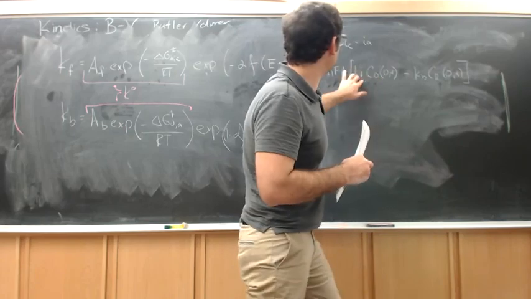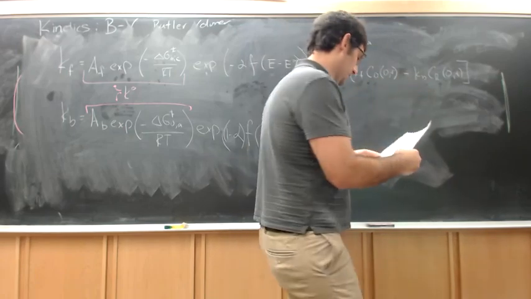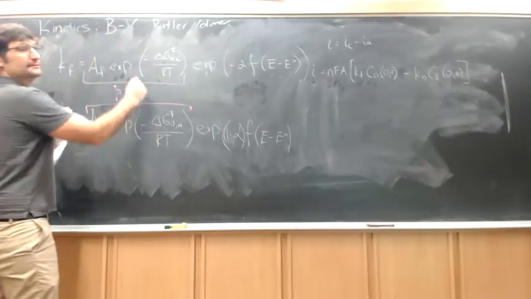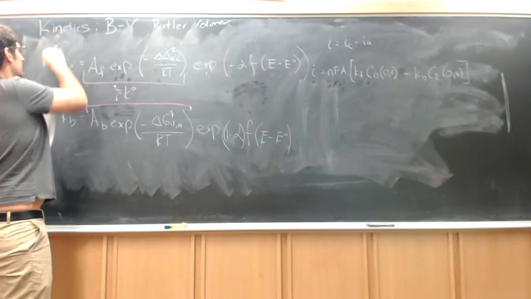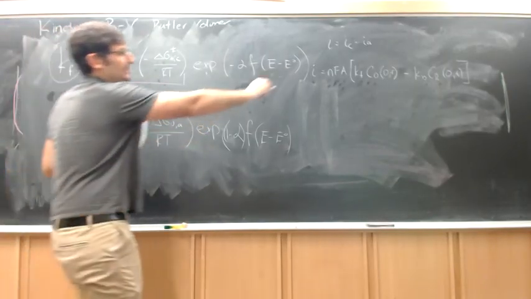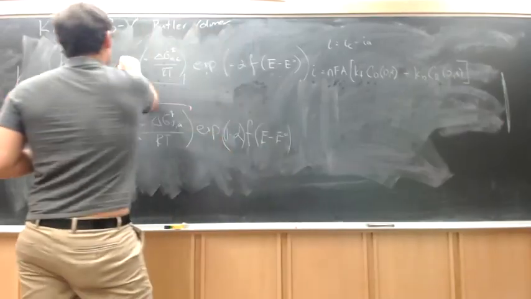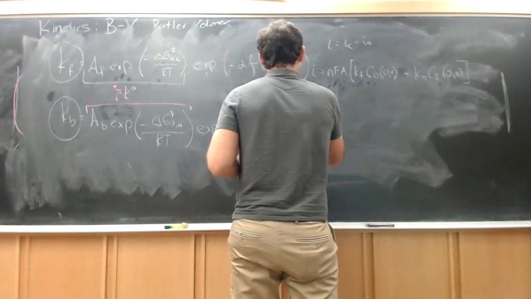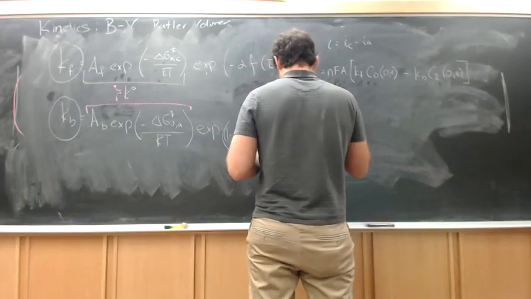And now we can expand these rate constant terms, recognizing that these are just K naught. So I'm going to plug these terms in here, and I'm going to take n equals 1.